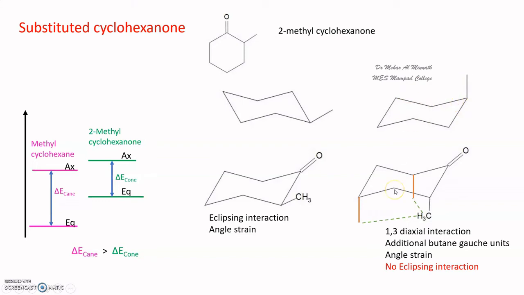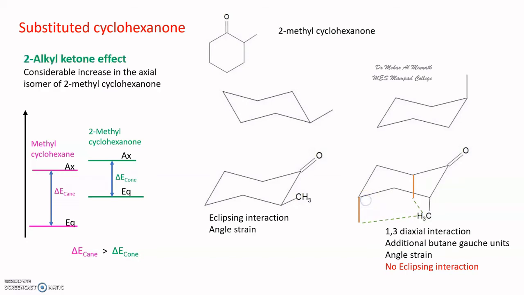But in the case of 2-methyl cyclohexanone, the percentage of axial form will be substantially high. And this is called the 2-alkyl ketone effect. That is the considerable increase in the axial isomer of 2-methyl cyclohexanone when compared to methyl cyclohexane.